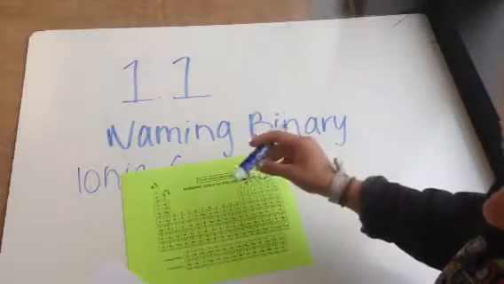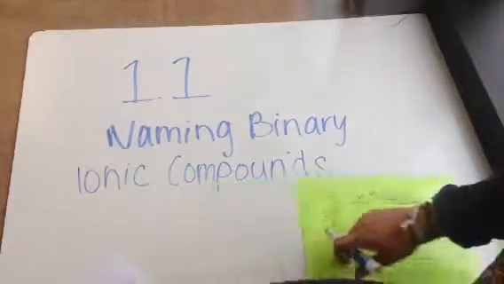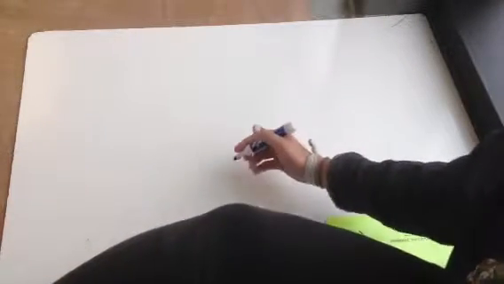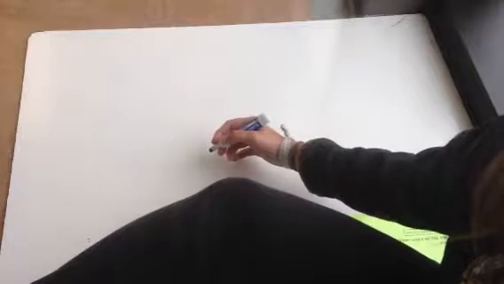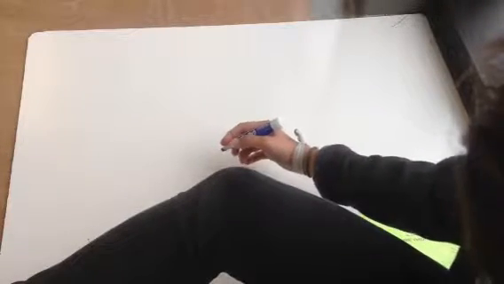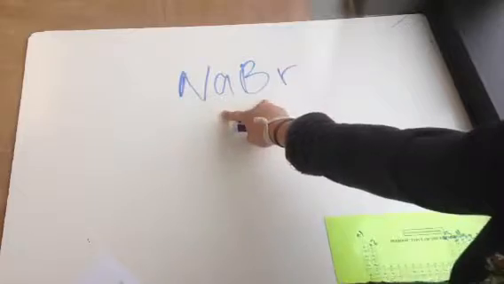And so then, just for a few example problems, going from a formula to a name is pretty easy. For example, if you're given NaBr, you just look at what the two names are on the periodic table.